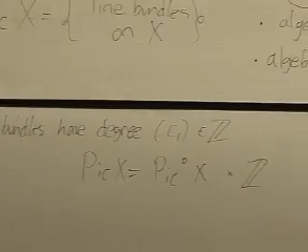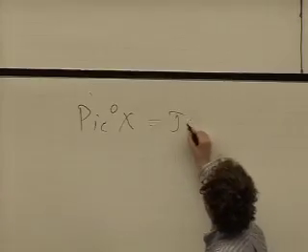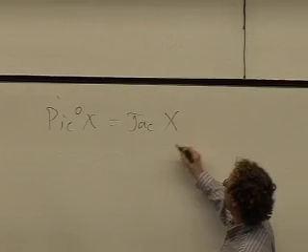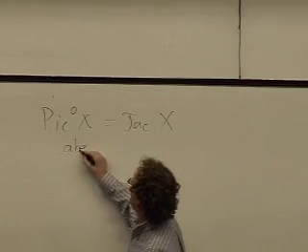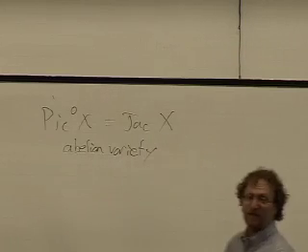Maybe I'll go over here. So Pic^0 of X, this is the Jacobian of X. And this is an abelian variety, as we discussed yesterday.